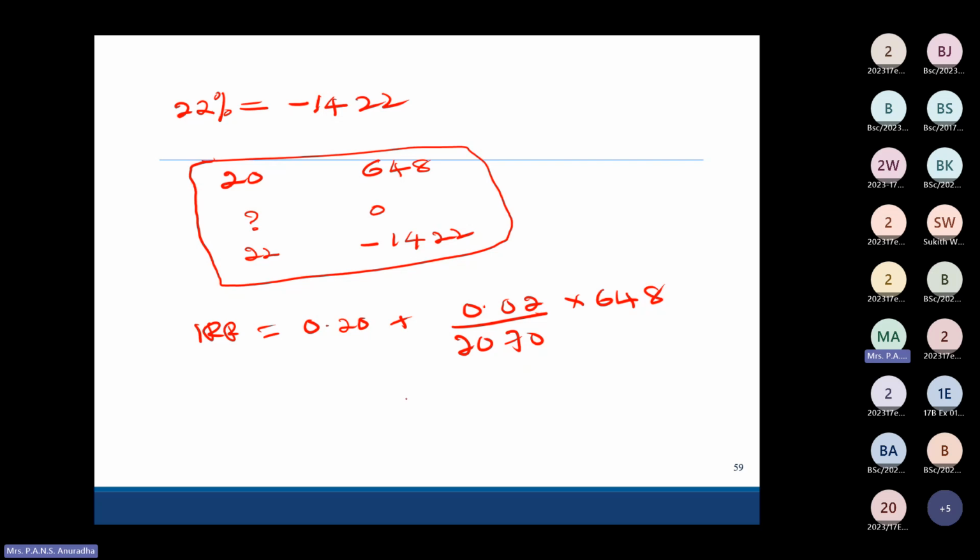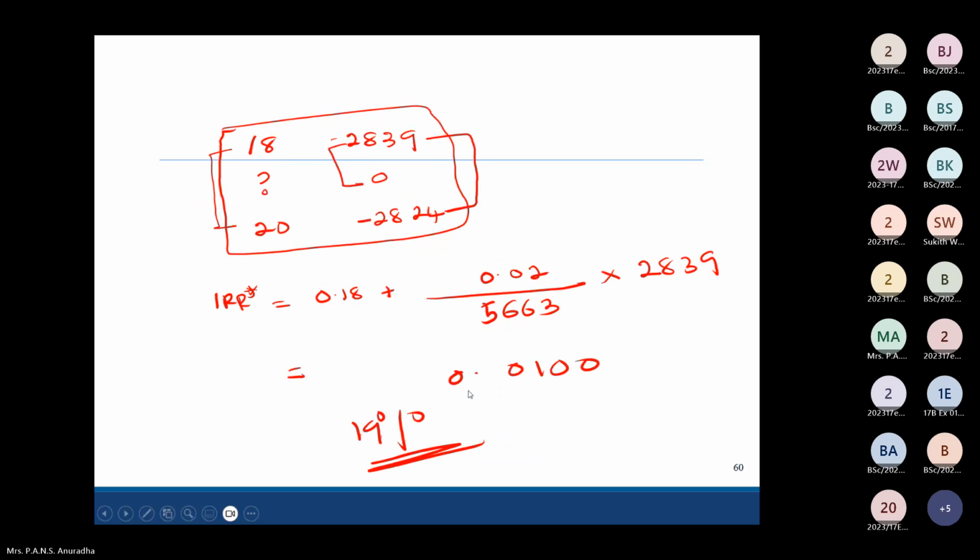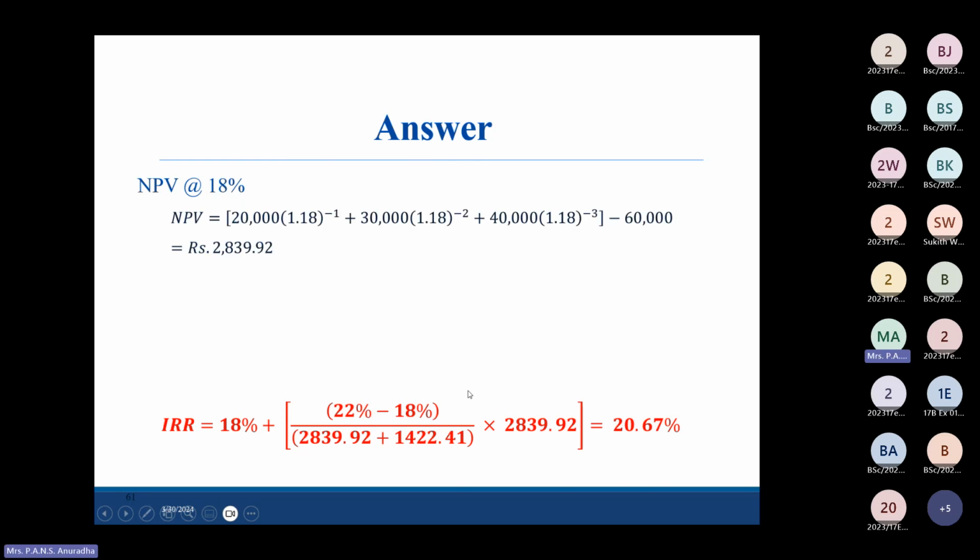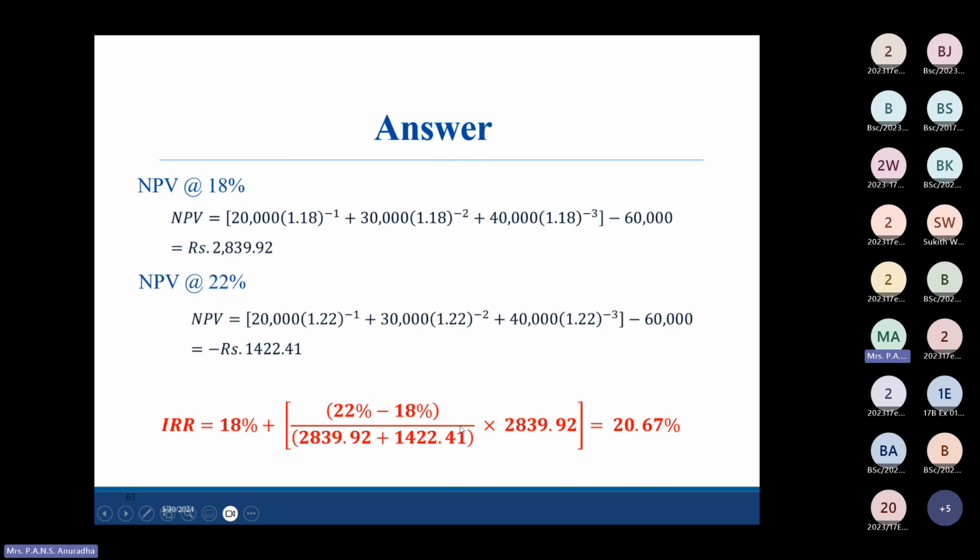It is 20.6 is the IRR. Now it is correct. 20.6.